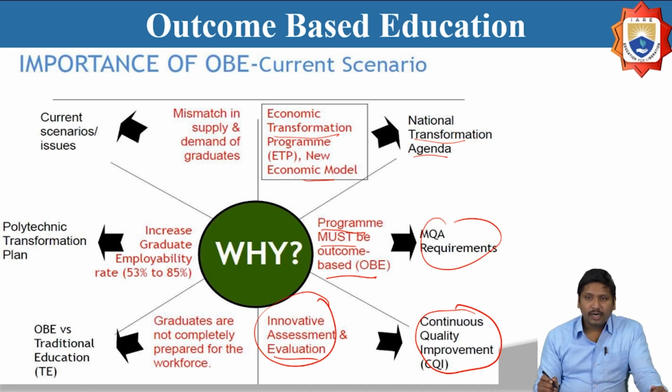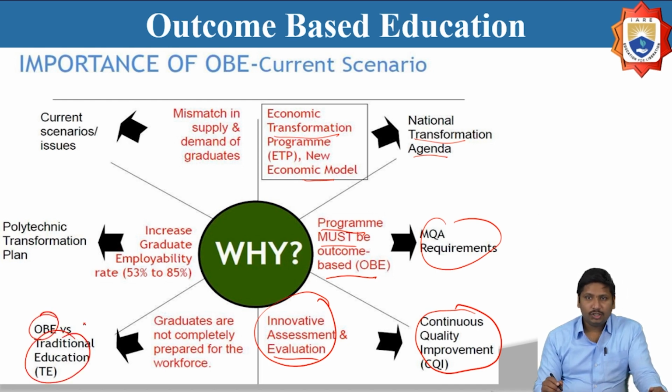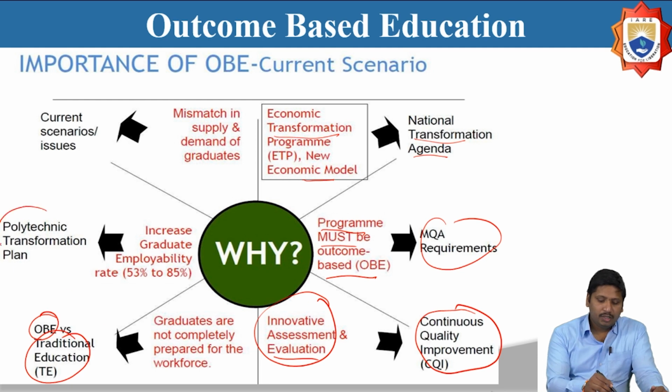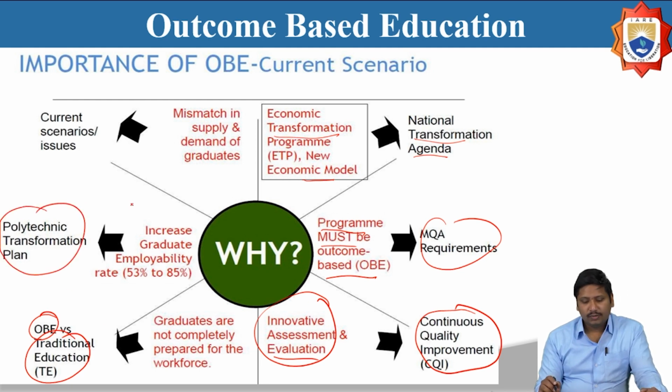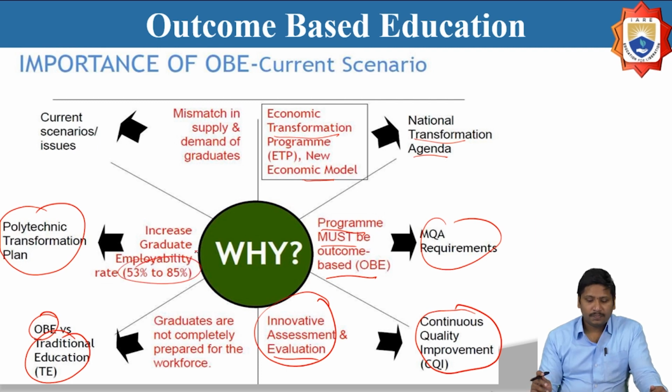And next, the graduates are not completely prepared for the workforce, we're unable to see the difference between the OBE and then traditional education. So that means the graduates are not completely prepared for the workforce. Due to that, the OBE plays a very important role here. And in order to meet this polytechnic transformation plan, we have to increase the employability also, where the rate should be increased from 53 to 85%.